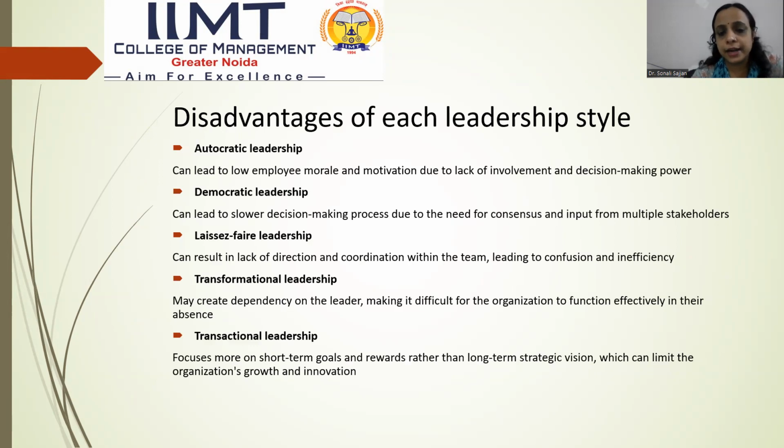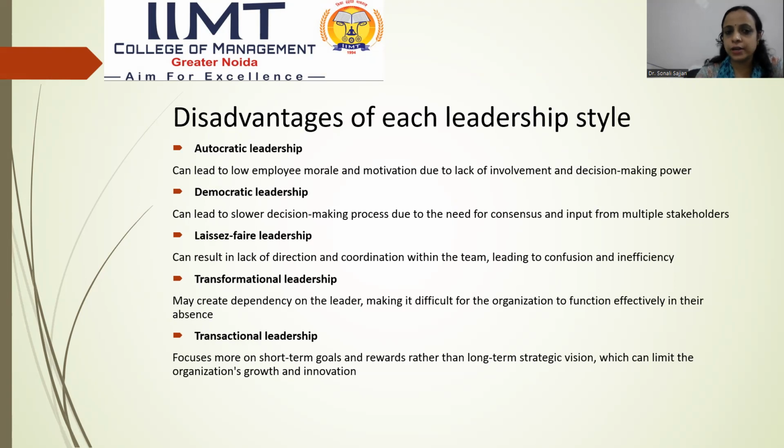So after seeing the advantages of the leadership styles, we will go through the disadvantages of the leadership styles one by one. First one, autocratic leadership can lead to low employee morale and motivation due to lack of involvement and decision-making power.